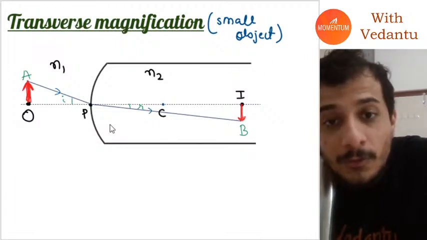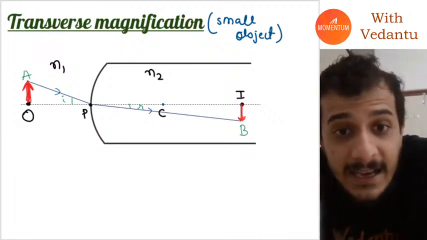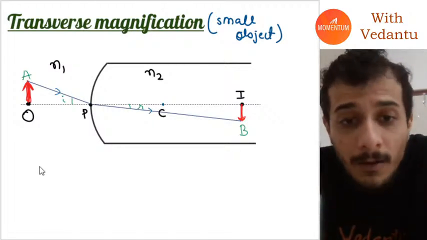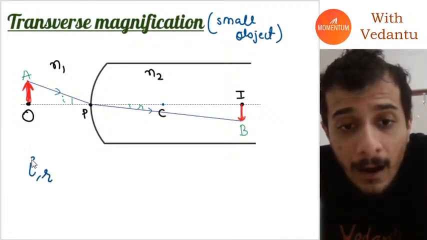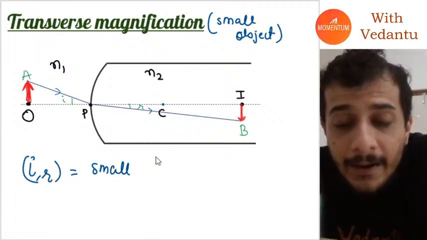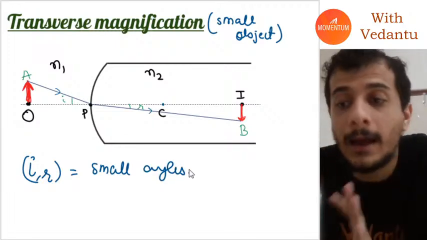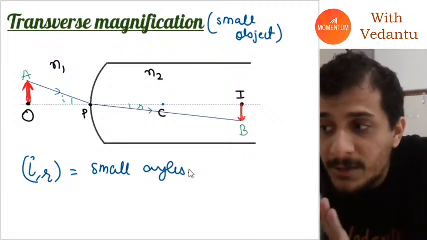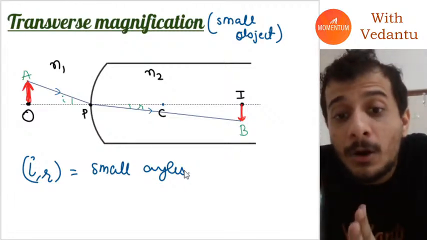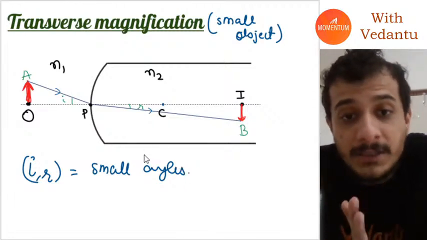Anyways, what I can say here is, first thing, I and R are going to be small angles. Why are they going to be small angles? Because my objects are small.